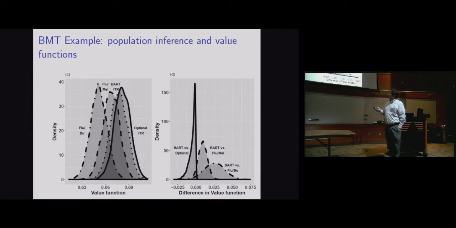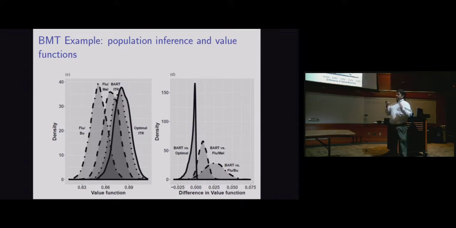And so I have value functions for 4 strategies here. One of them is just give everybody flu-bu. One of them is give everybody flu-mel. The third one is the BART ITR. And the fourth one, the black one, is the optimal ITR, which is something that is defined on a draw-by-draw basis and is not something that you can actually describe.